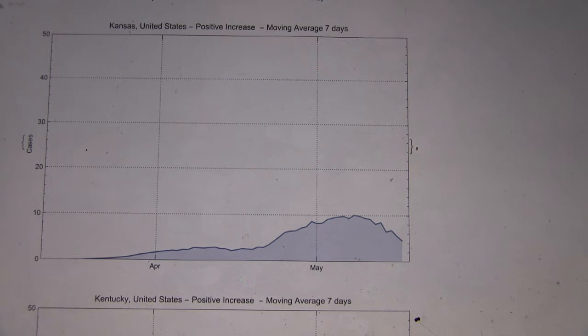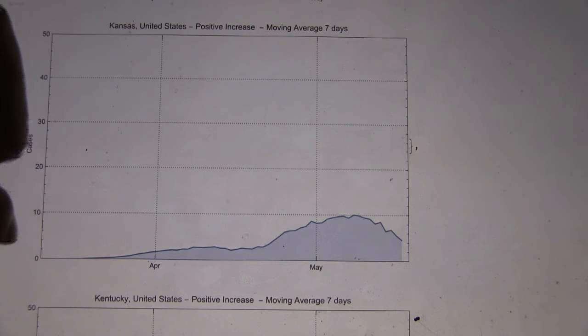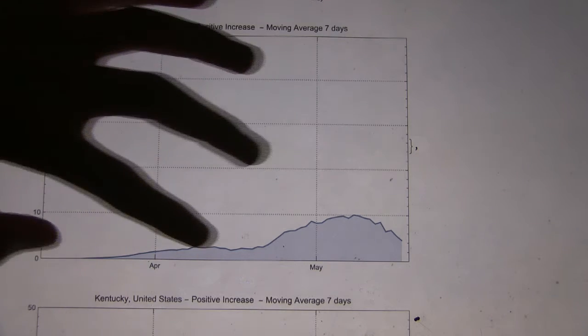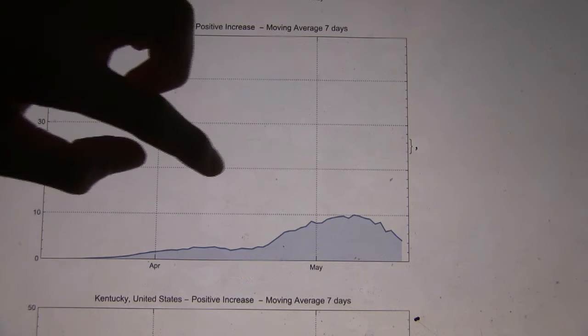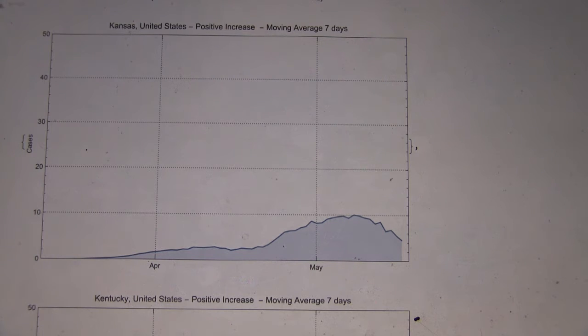So, in some of the other states, the new cases per day of the virus were growing from about mid-April, and then it leveled off by the beginning of May.